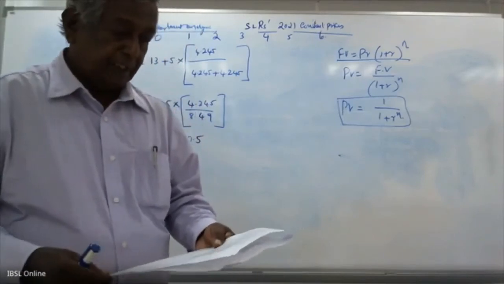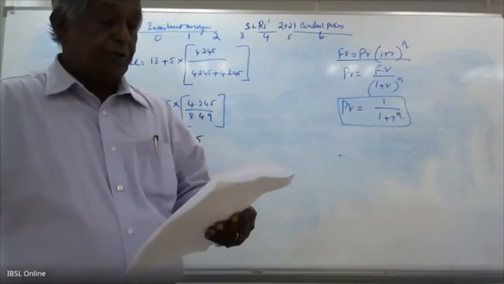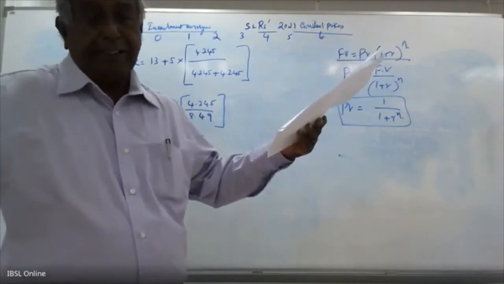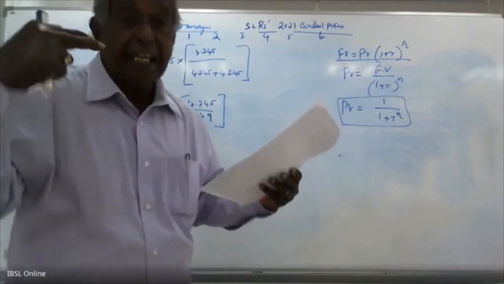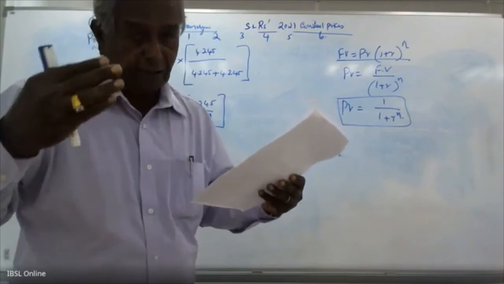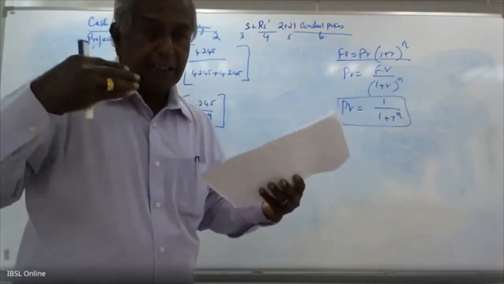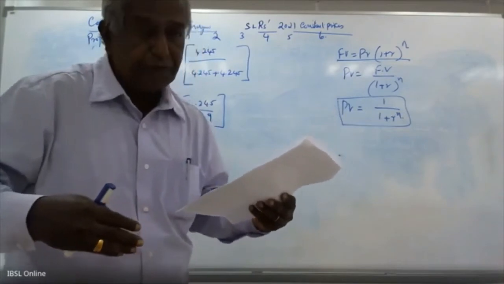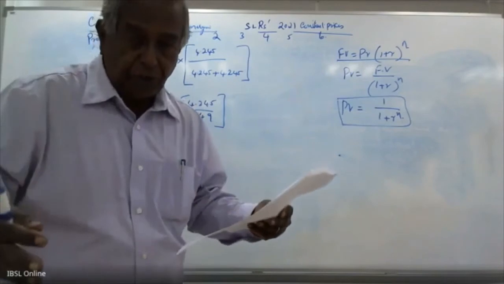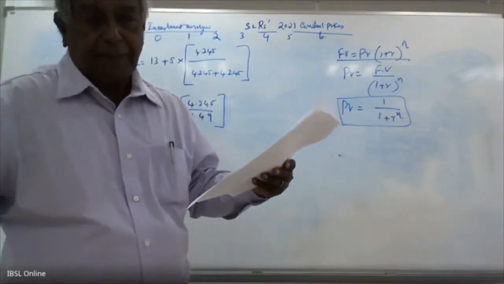Right. Then net present value of the projected cash flow. It is the net of the present values of the inflows and the outflows. Investment is the outflow, and the other one is the inflow. That is net present value.